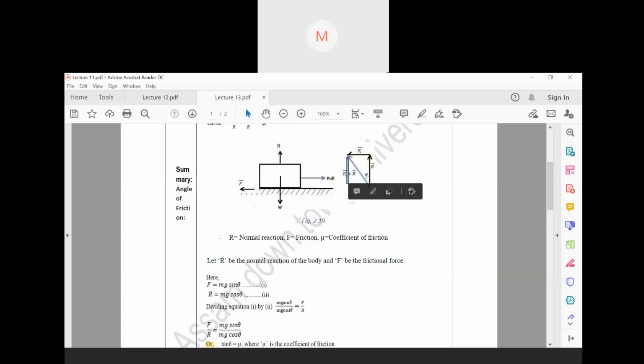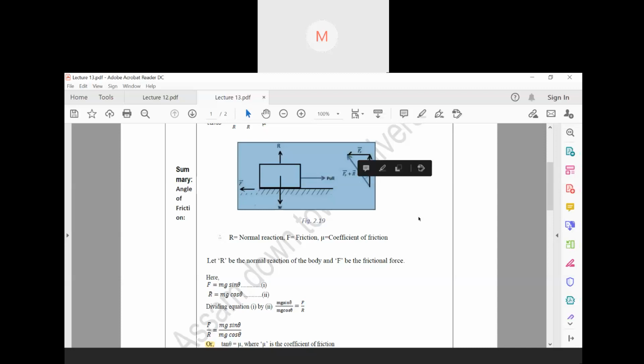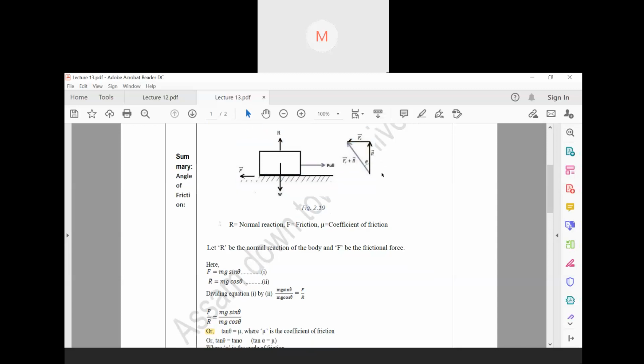That means how much amount of F and how much amount of R is there. Suppose this is F plus R, and this F plus R is making an angle theta. This angle is dependent upon these two values. Okay?